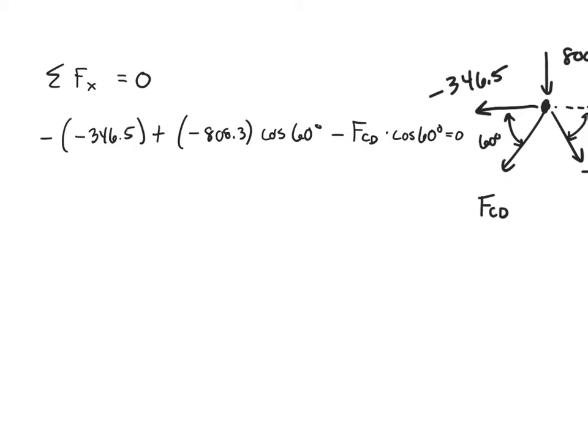Let's solve for FCD. Now, if I were to do this algebraically, I could do a lot of manipulation and move stuff over. So I see 346.5 as a positive, so I'm going to move it over to the right side as a negative. Right, a double negative makes that positive. Then I'm going to take the 808.3 cosine 60, move that over as a positive because it's currently negative.